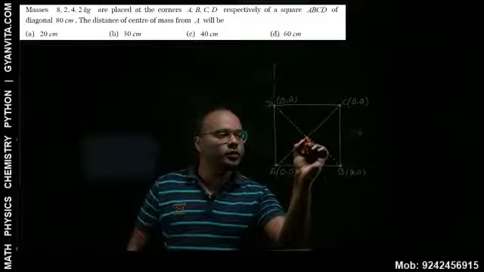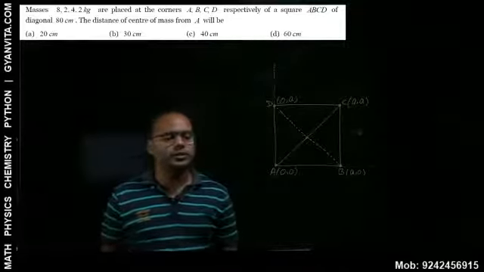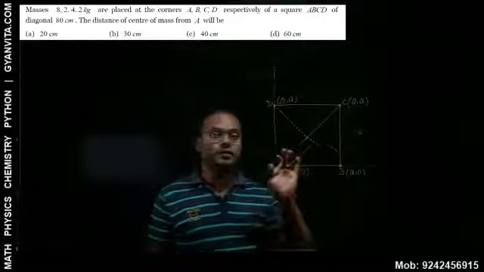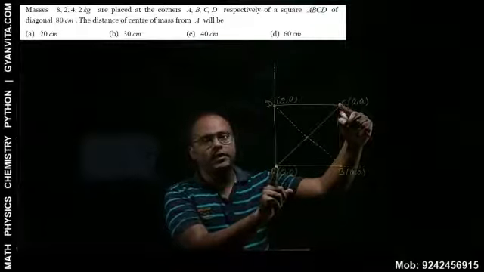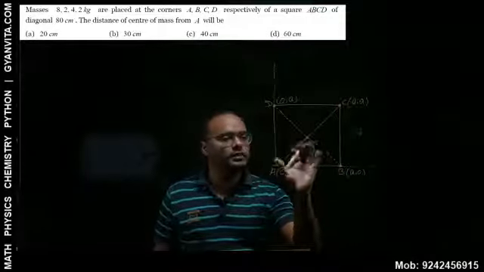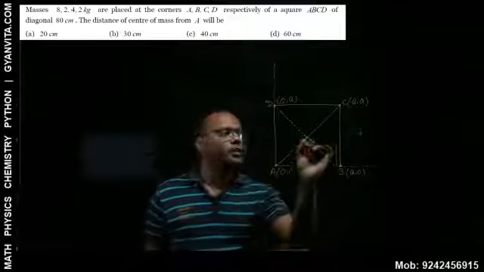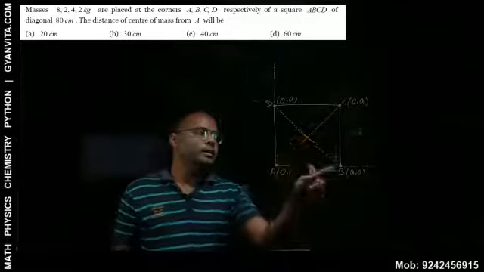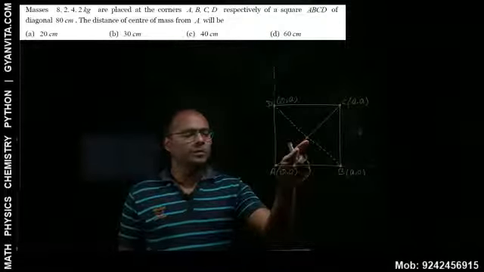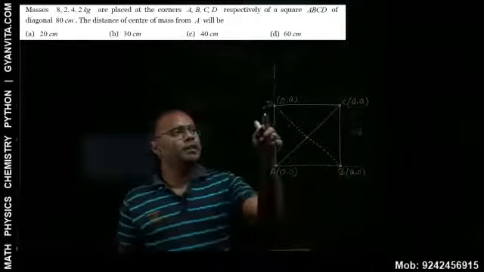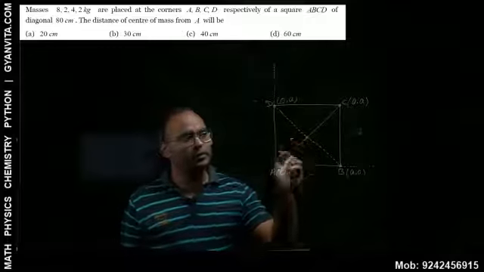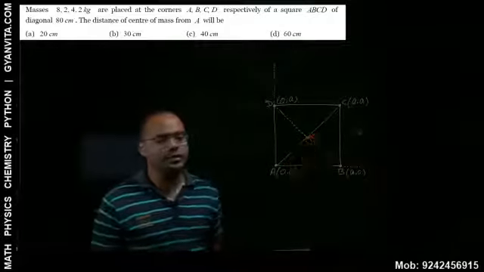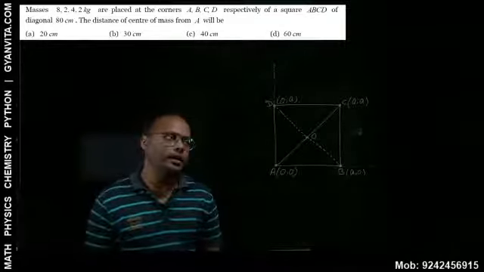So what is this position? This position is the intersection of the diagonals. This is 80, so this distance will be 40. Because the center of mass of B and D is here, the total mass of B and D can be assumed to be situated at this center, say O, the point of intersection of diagonals. What will be the total of that mass?